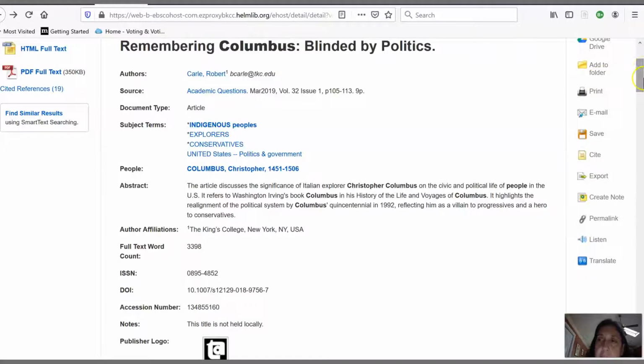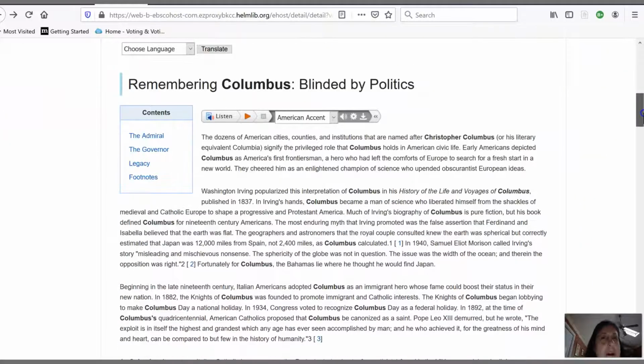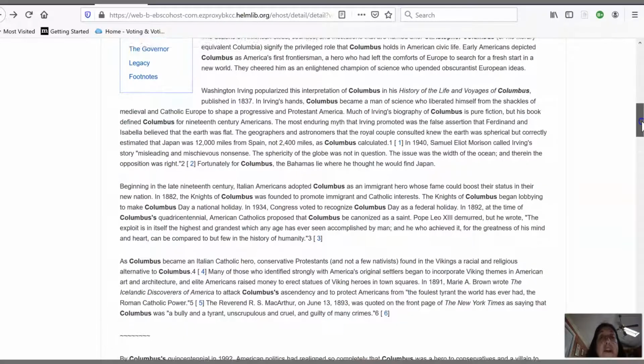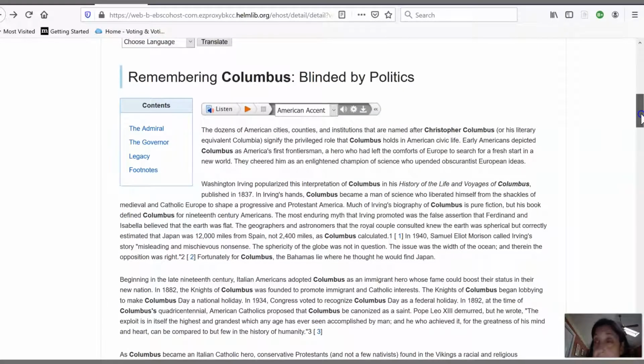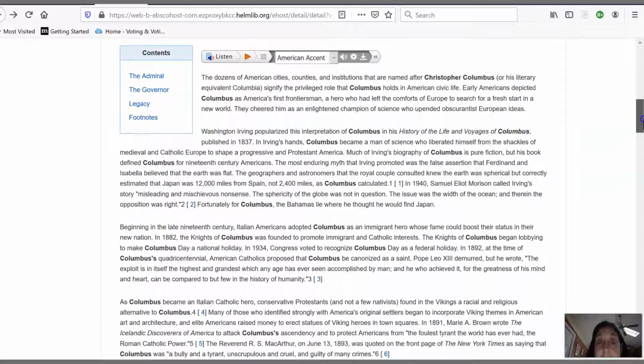This would be a fine article to use if you were doing a pro and con on how Columbus has come to be viewed, perhaps including, in contrast to this article, some more recent work from 2020.